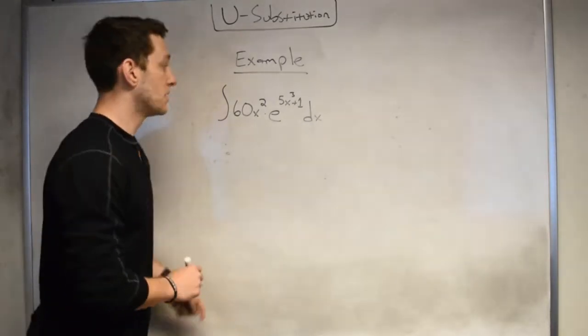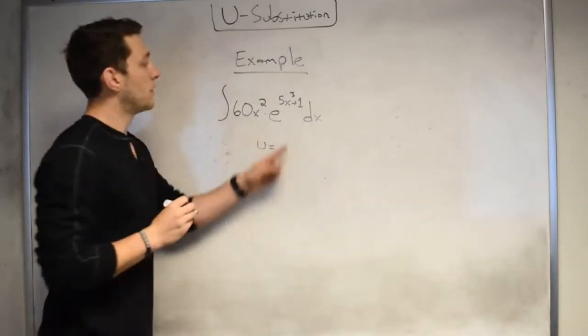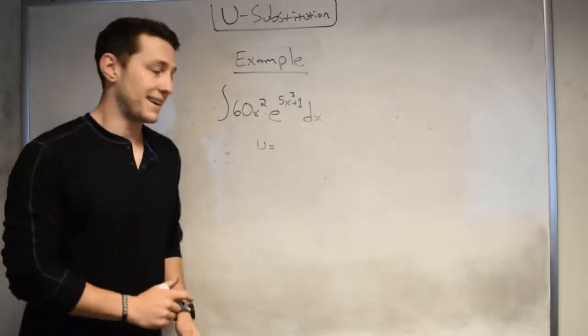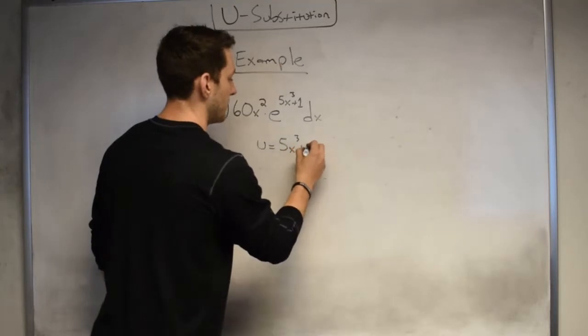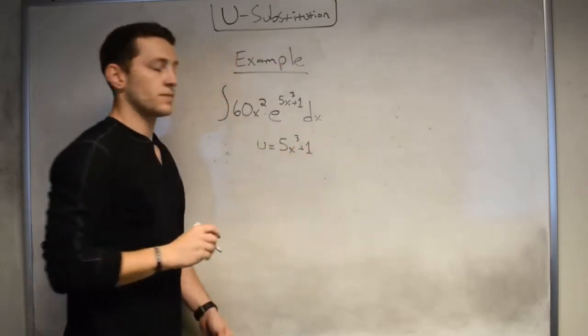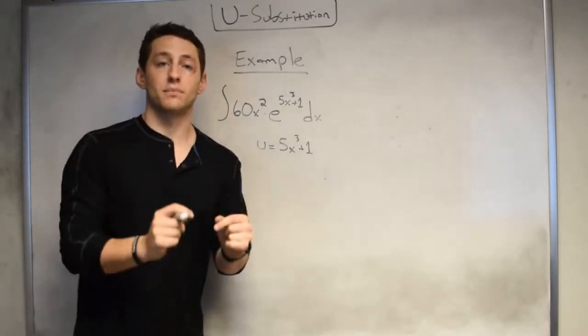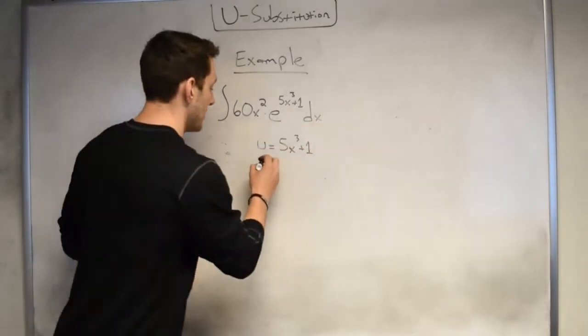So with U-sub, call something to be u. Well, something trapped within a power is a great candidate: 5x cubed plus 1. Well, now I'm committed to turning the problem into something in terms of u, meaning I have to sub in for dx as well.